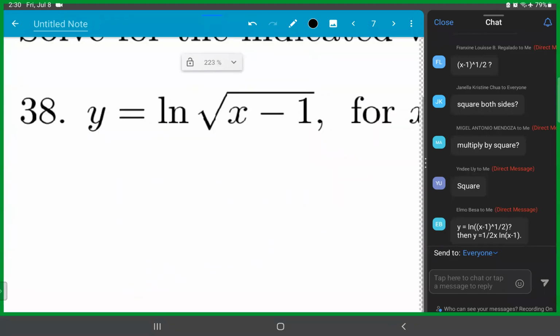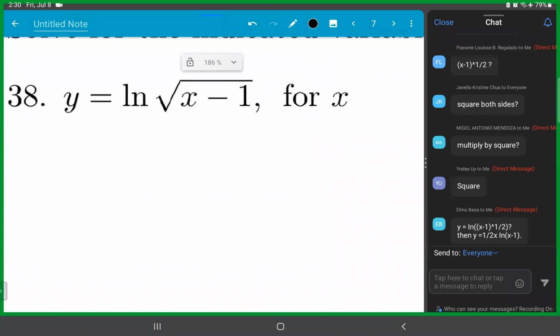Now, how do we do that to this one? Kung kanina sa square root tayo nag-start, dito may x na nakapaloob sa isang function na square root, nakapaloob pa iyon sa isang function na ln. So, how do we pull out x doon sa loob?